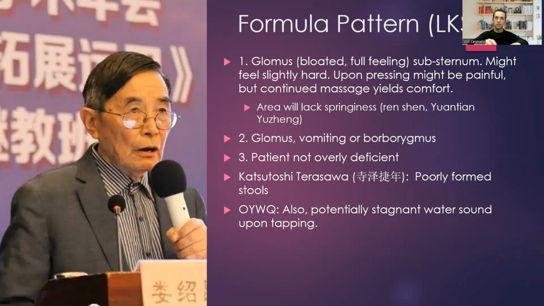Now, there's also a sign that I've seen, and I'm not sure where, I don't know if Wang says this, but sometimes you might see that the beginning of the stool is poorly formed but then the end is formed, or the beginning is formed and the end is unformed. So that kind of contradiction you sometimes see, where it's not one thing throughout all of the stool. Some of the stool is formed, some of it's unformed. That's another sign of that sort of deficiency and repletion occurring together, right? So you can also look out for that, I'd say.